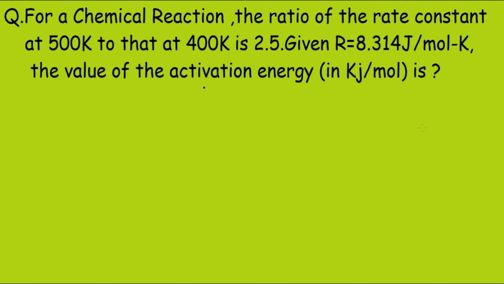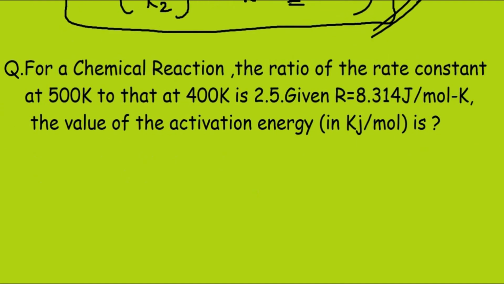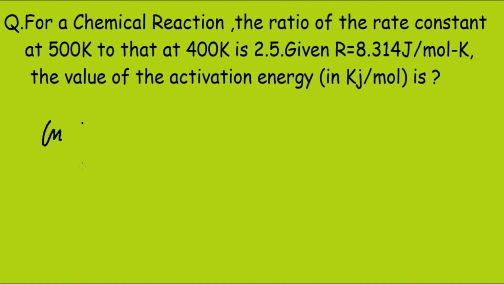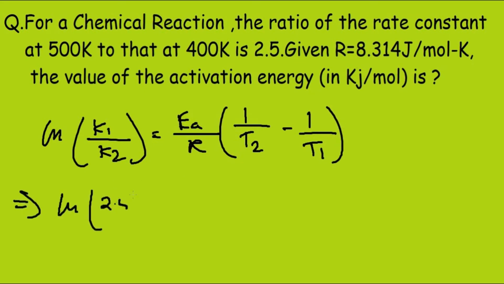So to find the value of the activation energy, we will use this relation which we have just derived. Let me write it once again: ln K1 by K2 equals Ea by R times 1 by T2 minus 1 by T1. So if I put in the numbers, the ratio is given as 2.5. So ln 2.5 is equal to Ea divided by R, given as 8.314, times... the first temperature is given as 500 Kelvin.